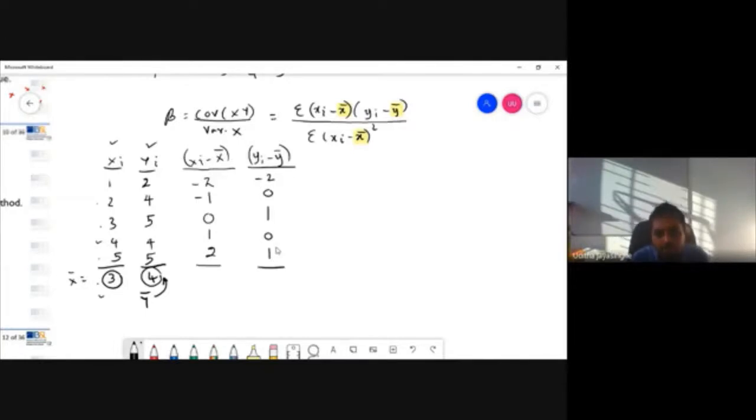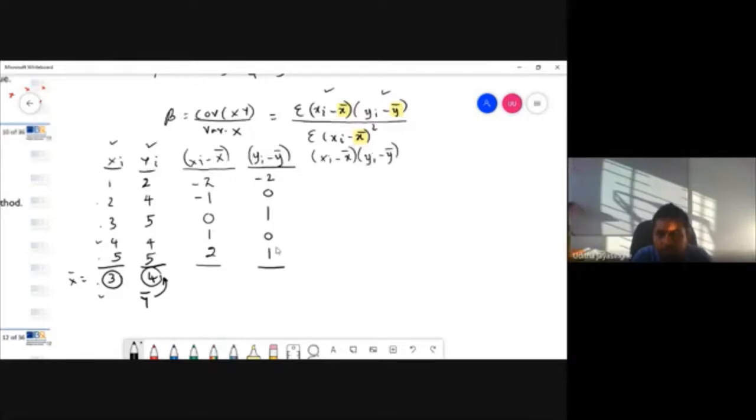So I think I have the individual components of the variance equation. All I have to do is take the multiplication of these two columns that I drew so far, xi minus x bar and yi minus y bar.